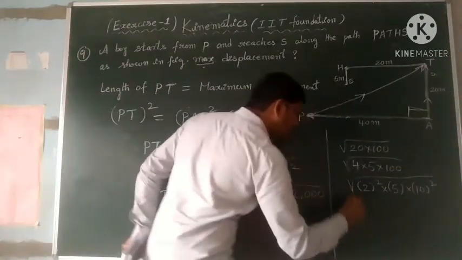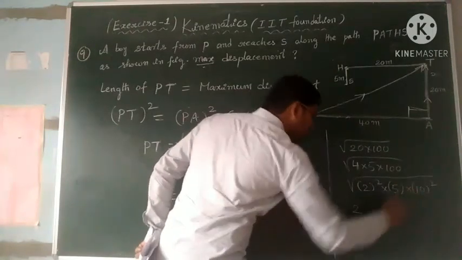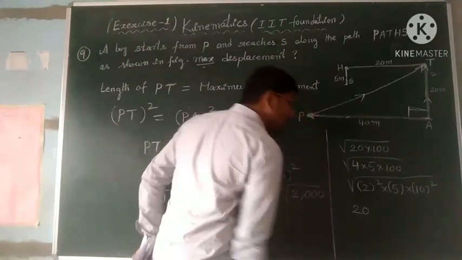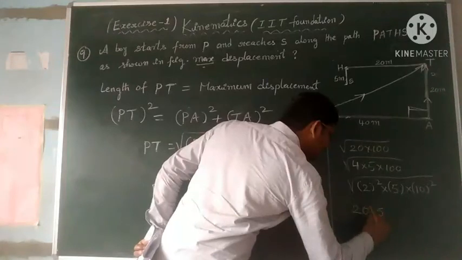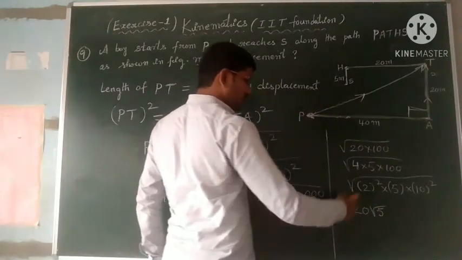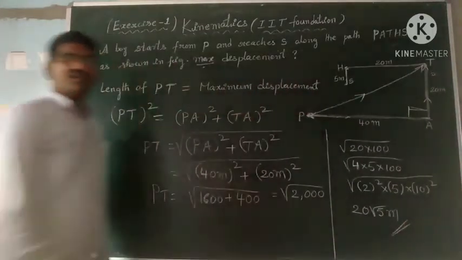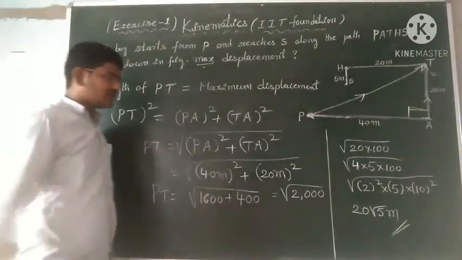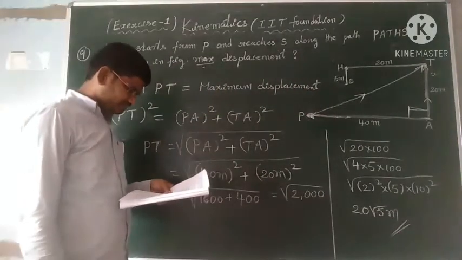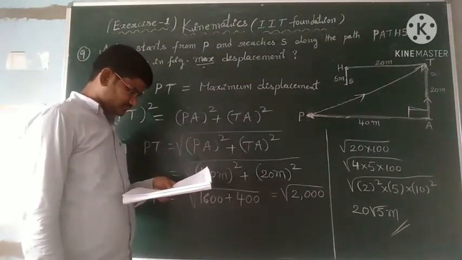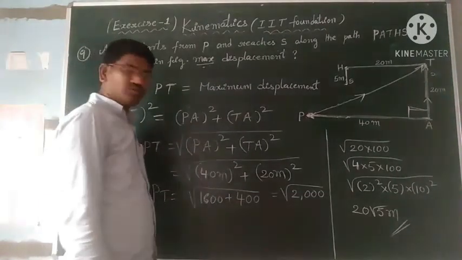Root of 2 square comes out as 2, root of 10 square comes out as 10, then you will get 20 root 5. So 20 root 5 meters is the maximum displacement in the given problem.